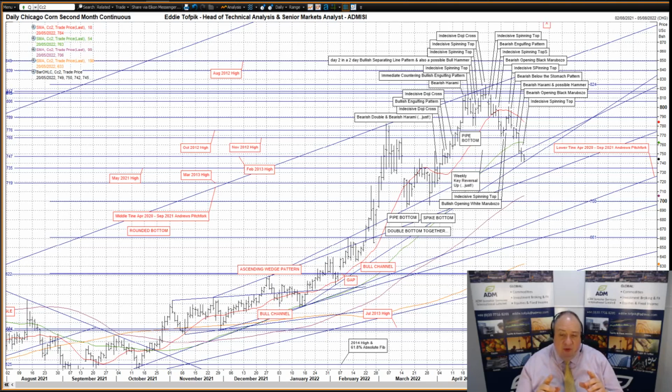The original April 2020 to September 2021 bullish Andrews pitchfork that started this whole move higher is still valid. Hence, nothing has changed in the picture of this longer-term bullish pattern. All we are seeing is still a pullback of this longer-term bullish pattern. And that's actually what it is, at least for now.